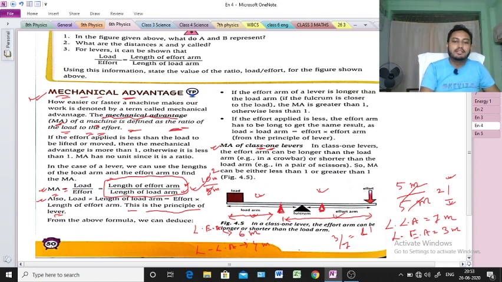Then what will be the value of the mechanical advantage? Effort arm by load arm, that means 6 by 4. So what will be the answer? That will be greater than 1.